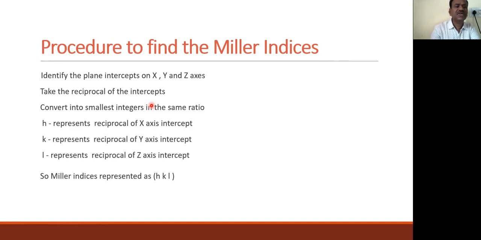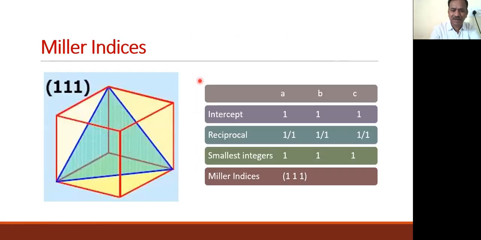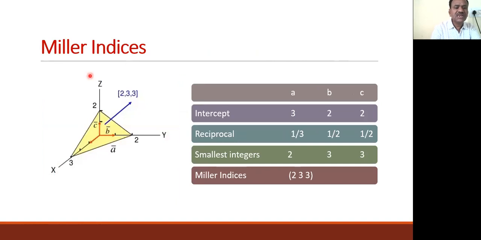First, identify the plane intercepts on the x, y, and z axis. Here is one diagram. You students, you see, this is the x-axis, this is the y-axis, and this is the z-axis. Along the x-axis, where does it intercept?